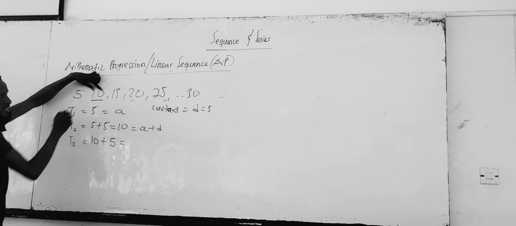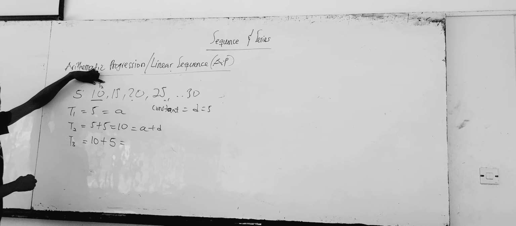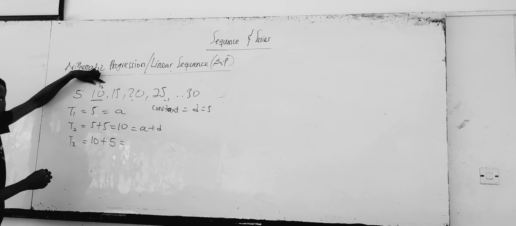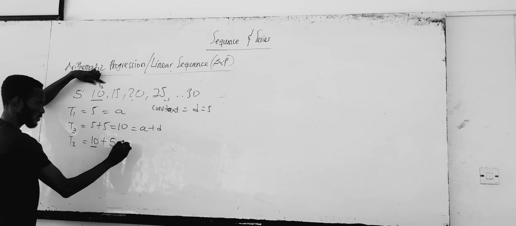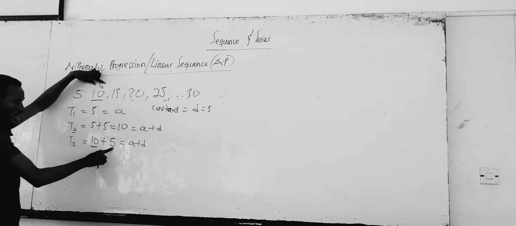Now look at this carefully. What is 10? 10 is the T2, and T2 is A plus D. Now plus 5.